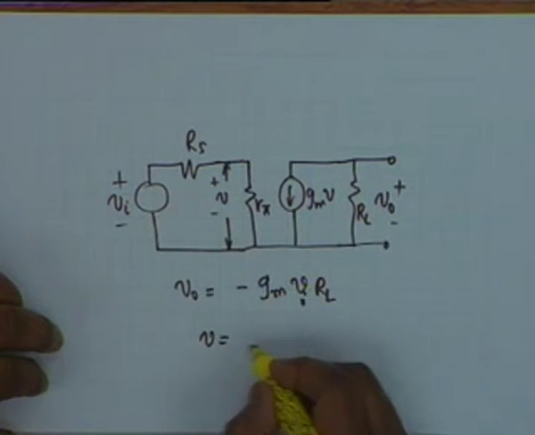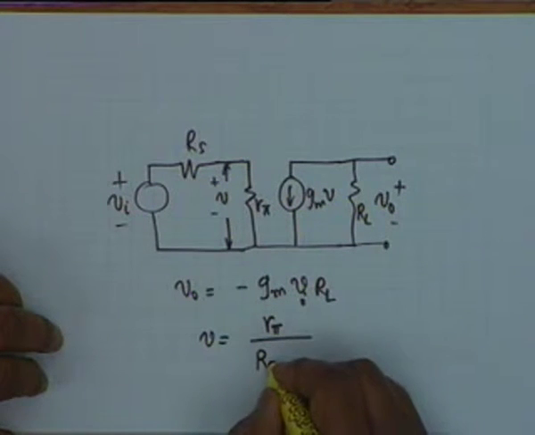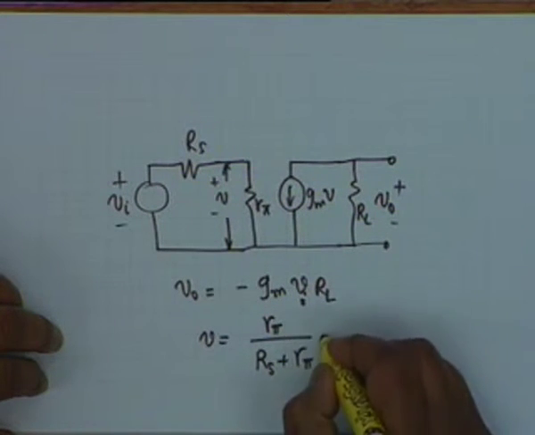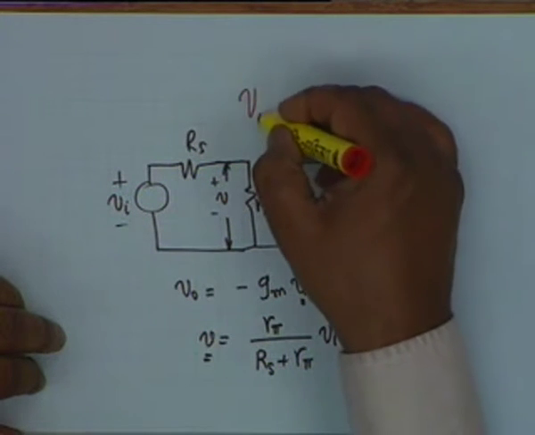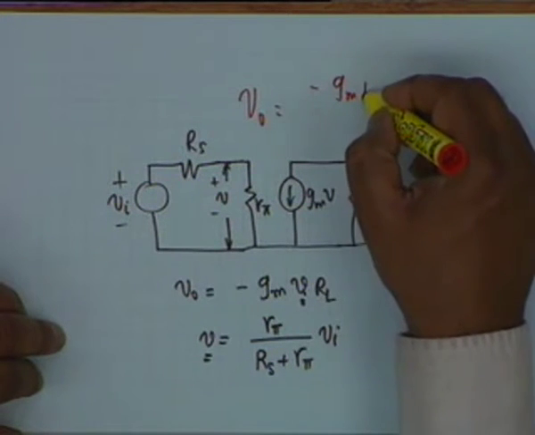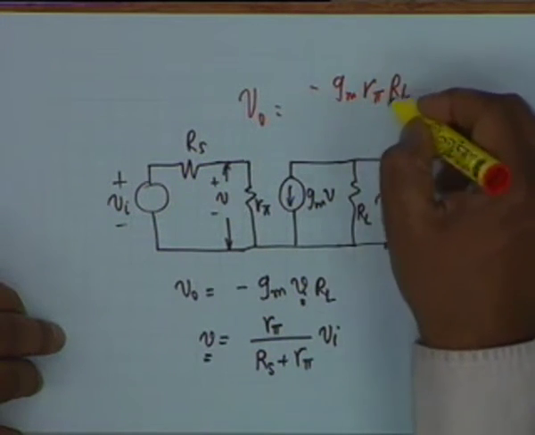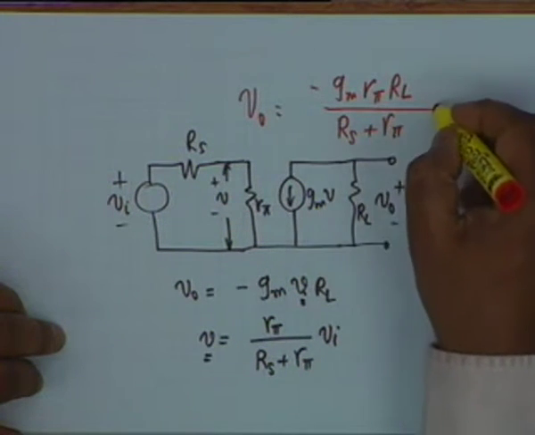And you can see that small v is nothing but R pi divided by Rs plus R pi times Vi. So, if I substitute this value of V in this relation, then I get V0. V0 I get equal to minus Gm R pi RL divided by Rs plus R pi times Vi.